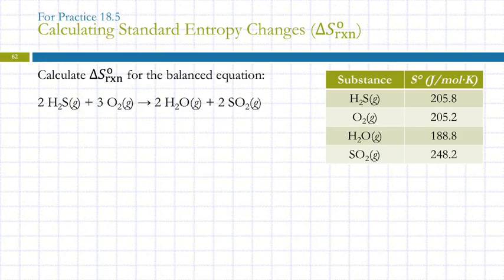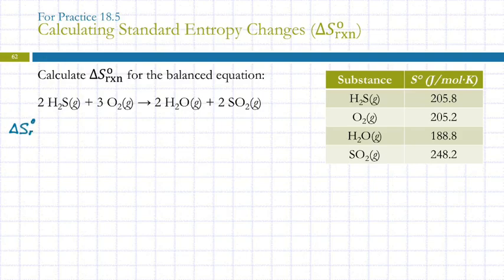Let's practice. Calculate the standard entropy change for this balanced equation. So we're looking at the entropy of the products and subtracting the entropy of the reactants. That gives us the change in entropy.